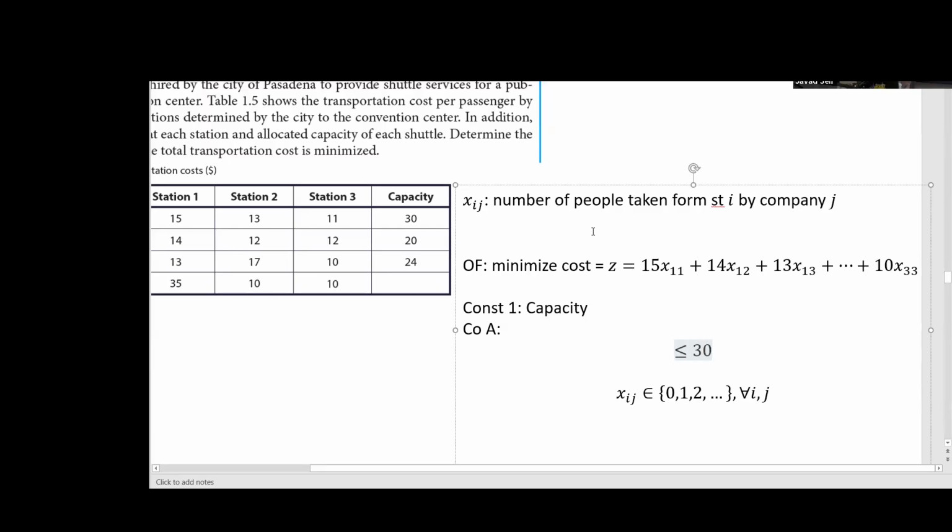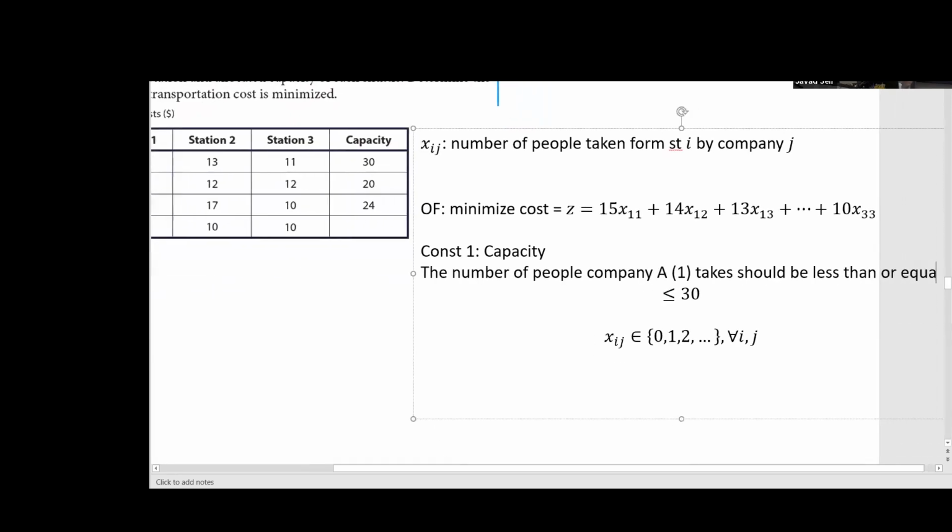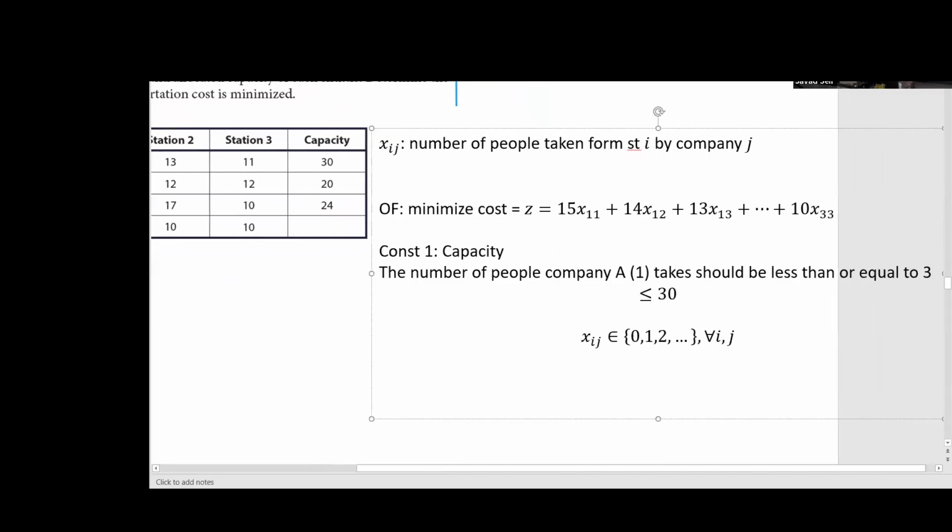Do you agree? It says the number of people company A, which we called X1, should be less than or equal to 30.